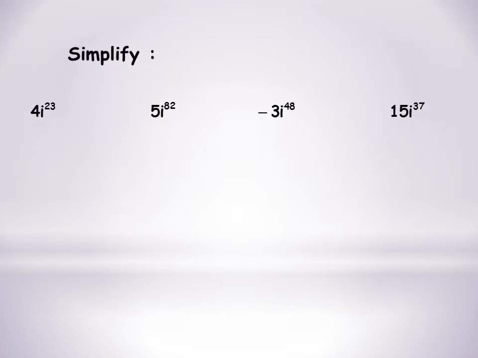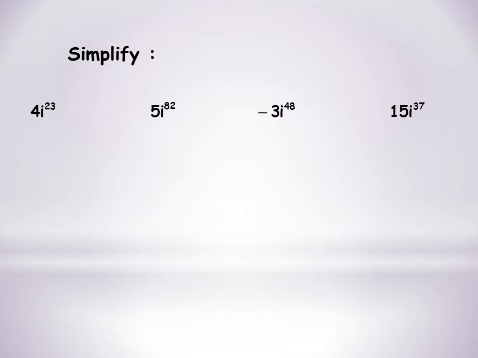So if we want to simplify 4i to the 23rd, I'm going to take a look at that 23rd and find a power of i that is a multiple of 4. Well, 23 is not a multiple of 4, but 24 is. So I can either think of it as going 1 less, or I think it's easier to think of going lower. i to the 23rd is not a multiple of 4. i to the 22 is not. i to the 21 is not.